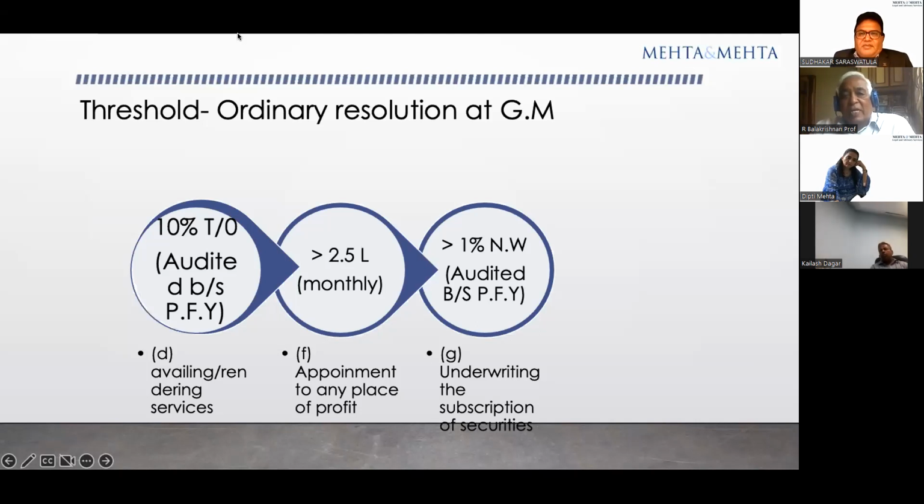Another question has come: is there any parameter to do the audit about the ALP and the ordinary course of business? It depends on each company, their business, their transactions, their composition. It is very subjective.